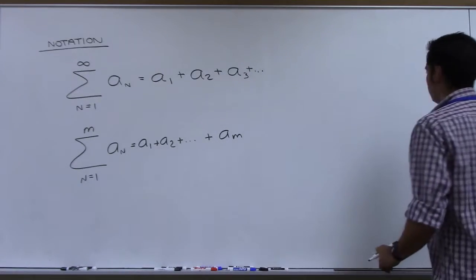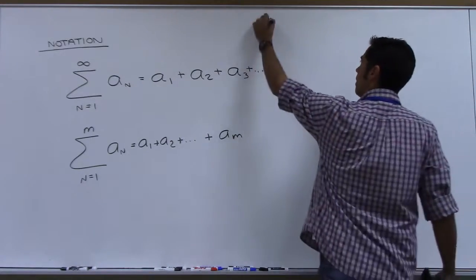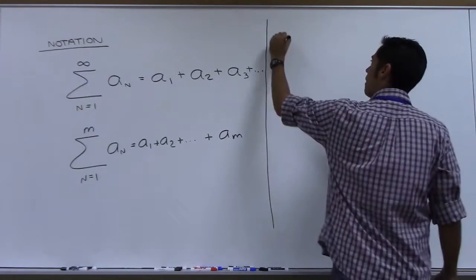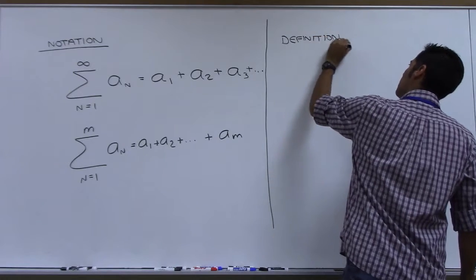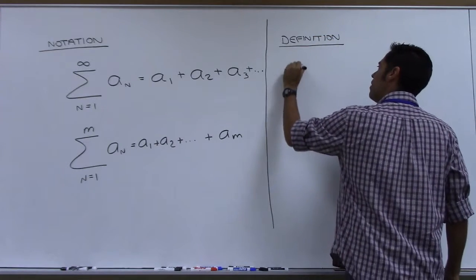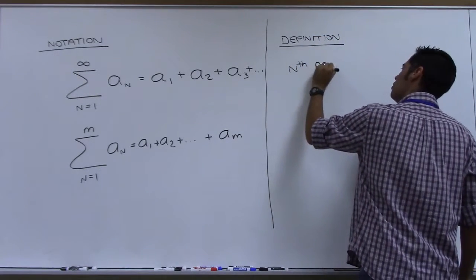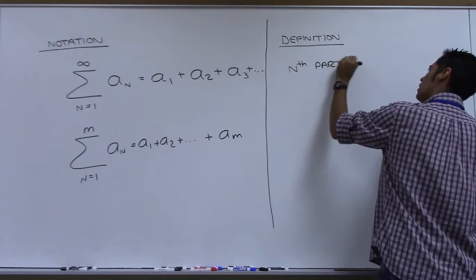The next thing is a definition. The definition here is what we call the nth partial sum.